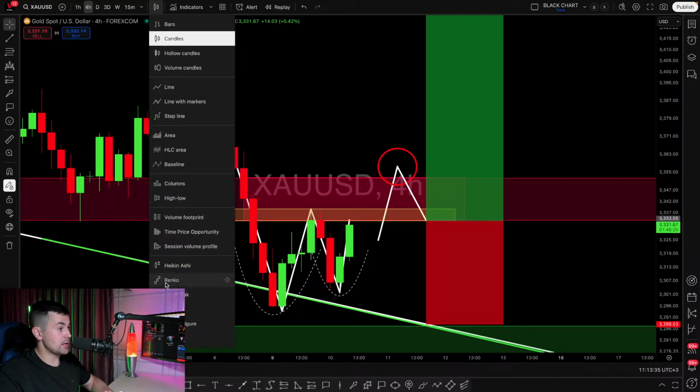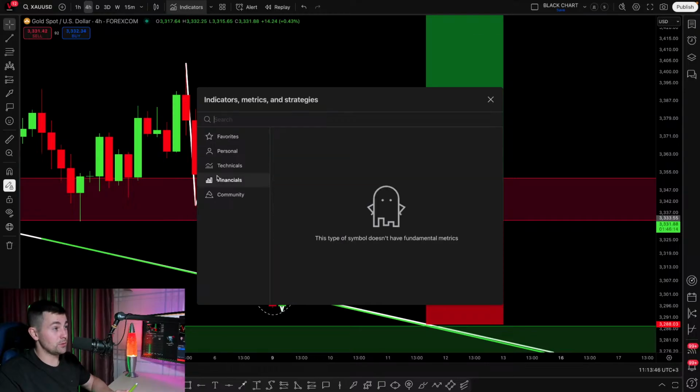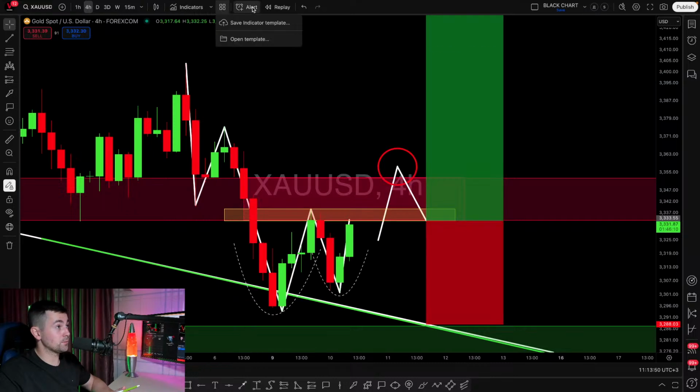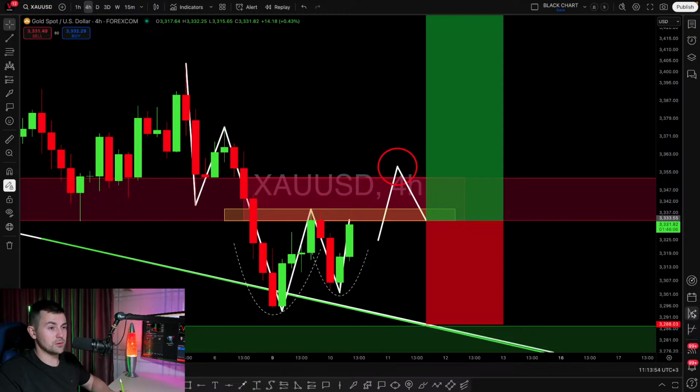I remember that they added the footprint on TradingView, but if I remember, it is paid, and I am not sure if you will be able to find a free footprint chart. But I never used that, to be honest, so I am not sure.